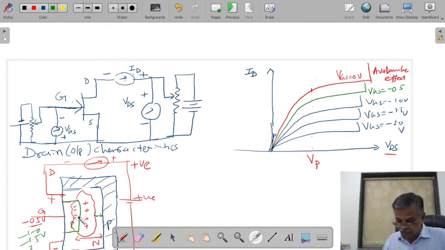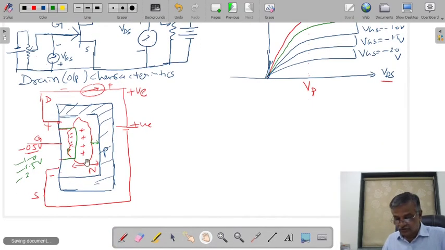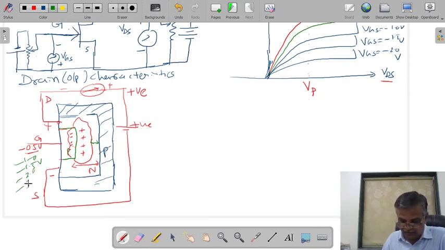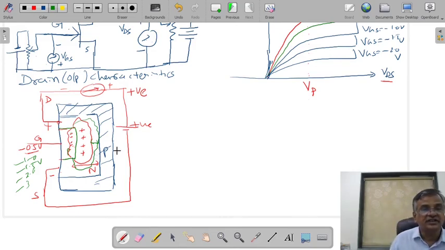So, you may have a question. Is it possible to totally block the entire conduction channel? Yes. As you increase this voltage, your width is totally closed, so current will be 0.